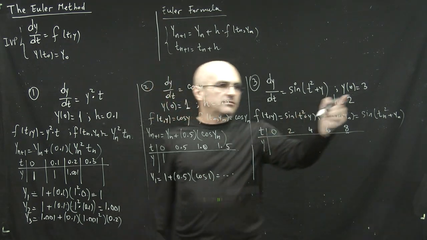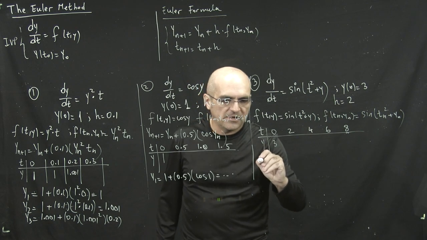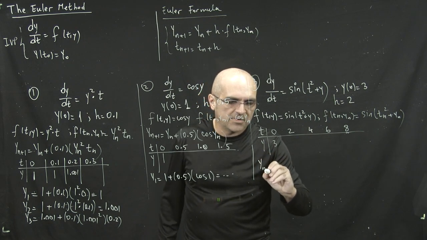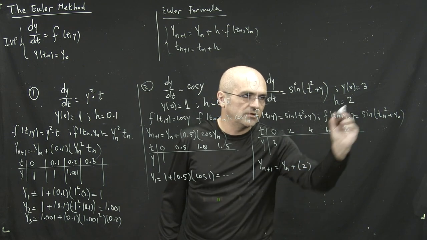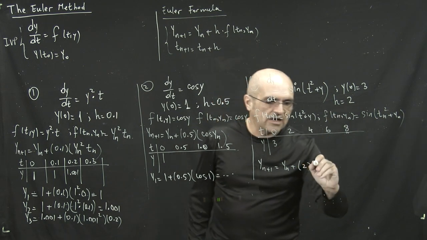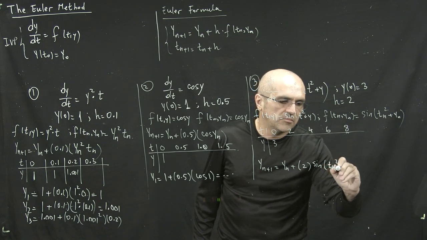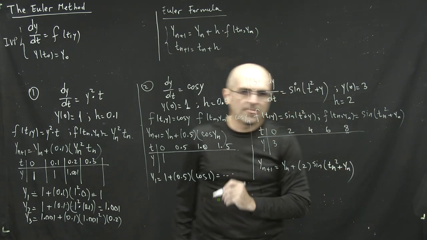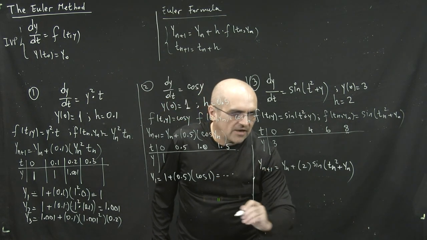First value of y is 3, and the Euler formula would be yn plus 1 equals yn plus h, which is 2 in your case, times sine of tn squared plus yn. So let's write at least the first value.